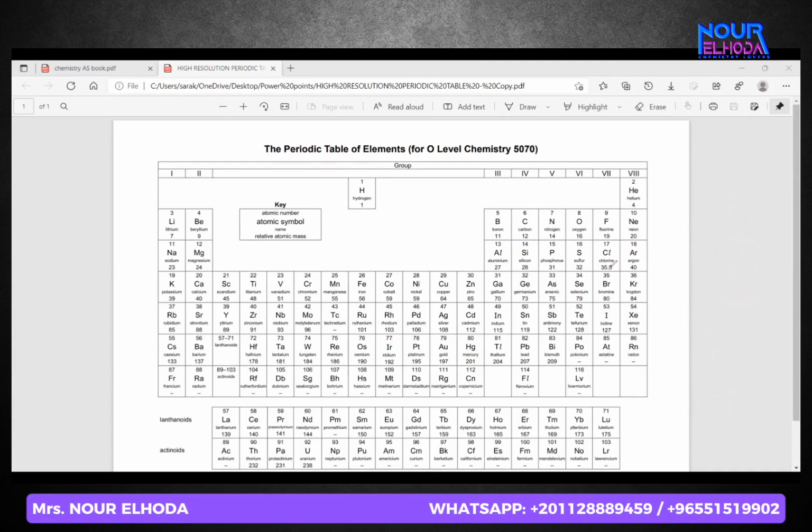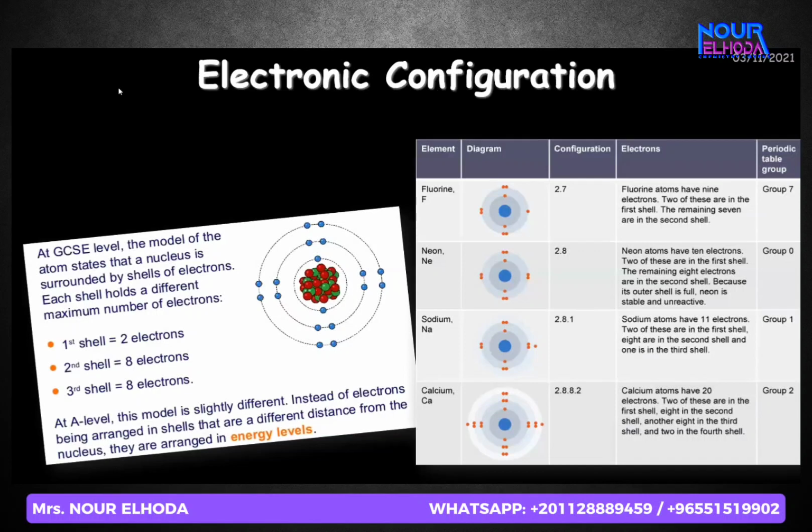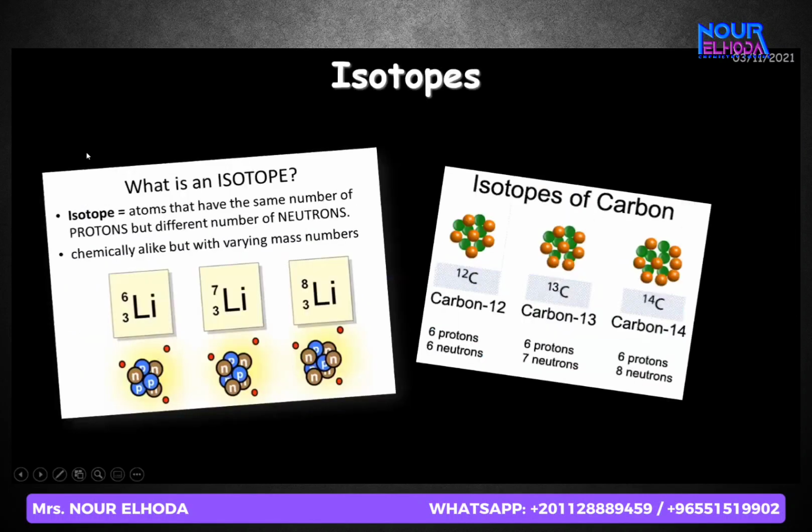The last part in this topic is isotopes. Isotopes are atoms of the same element, but they have something very weird. They found that some hydrogen is hydrogen 1, some is hydrogen 2, and some is hydrogen 3, so not all the same.